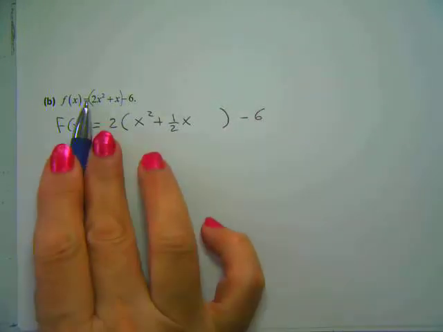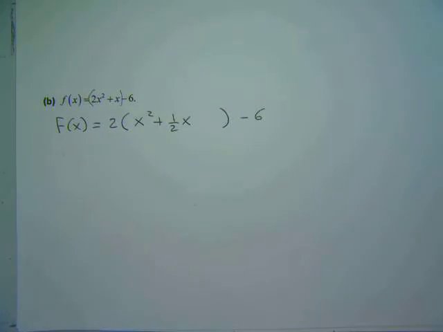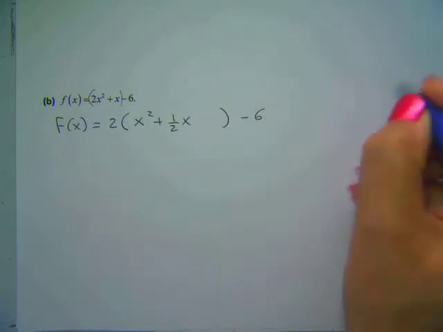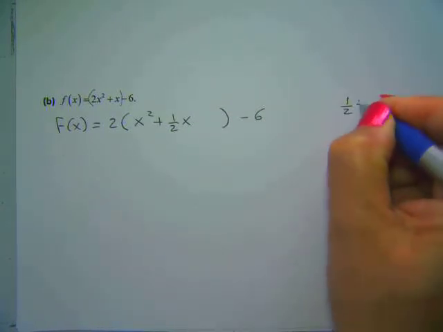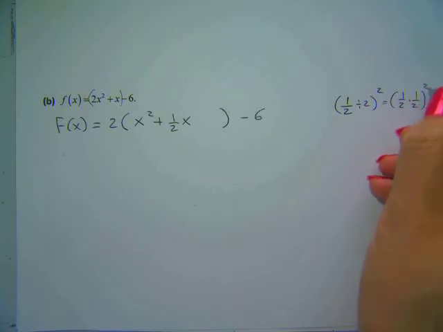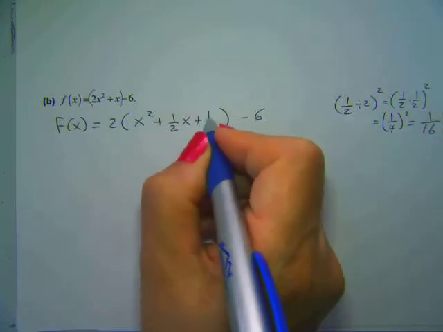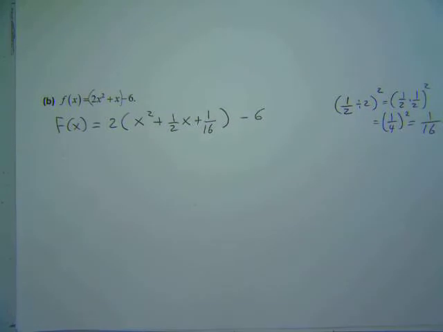So again, what did we do? We took out 2 as a common factor. Now, you take the coefficient of x, divide by 2, and square, which is 1/2 times 1/2 squared, which is 1/4 squared, which is 1/16. Now we're going to add 1/16.